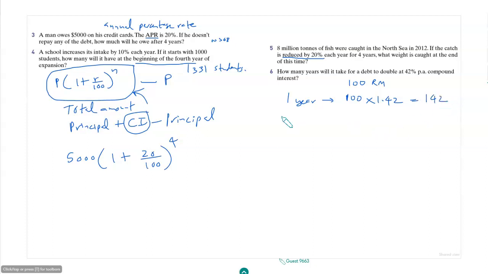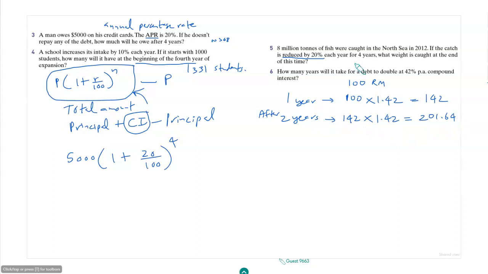Yes. So after 2 years, what happens? 142 times 1.42. Very good. How much is that? 201.64.